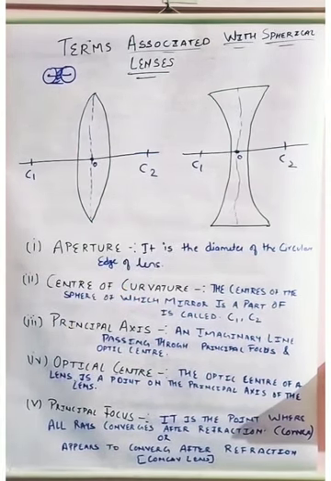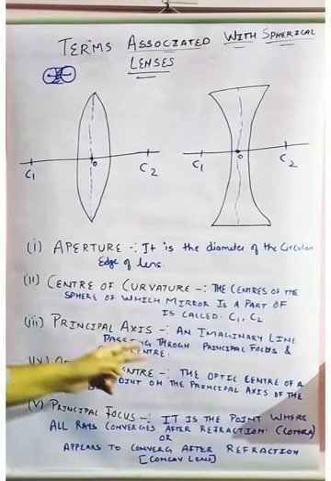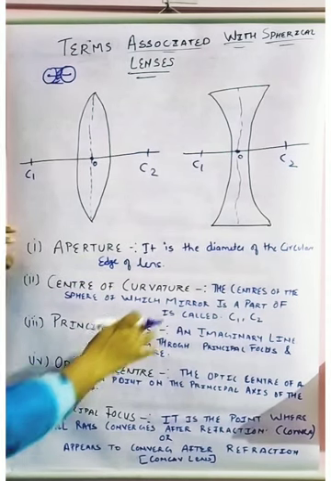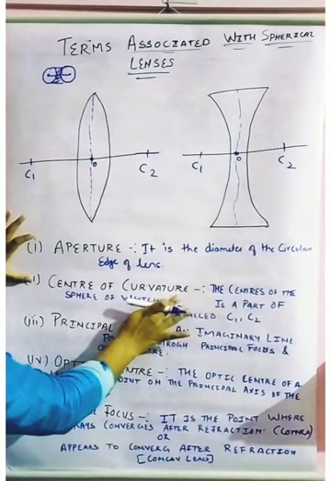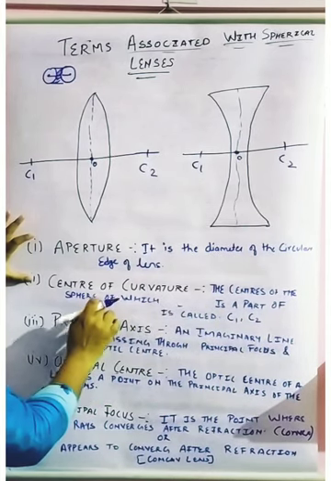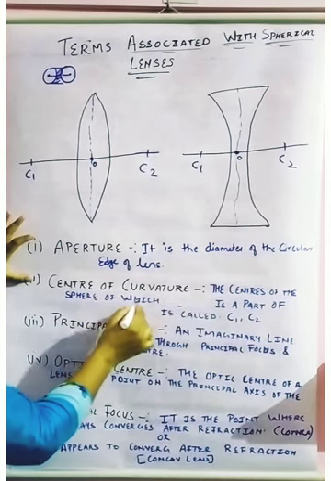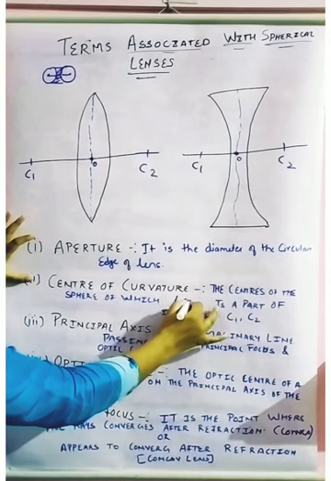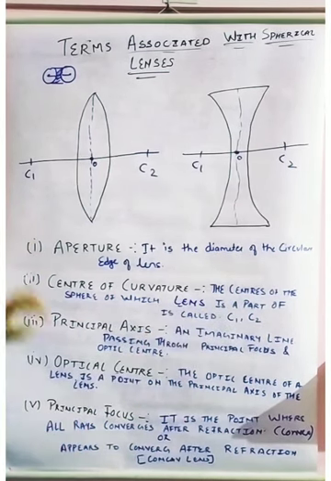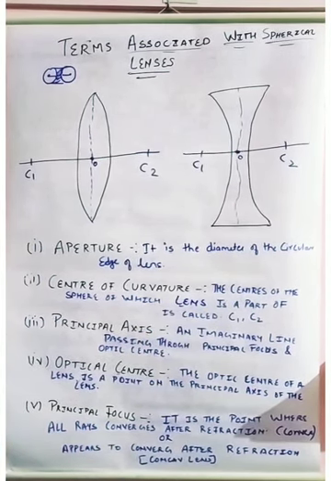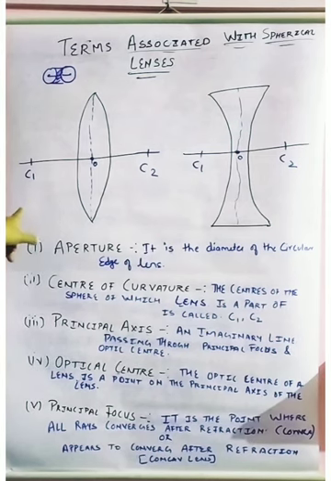It has two centers of curvature, the centers of the spheres of which the lens is a part. You understand the center of curvature?